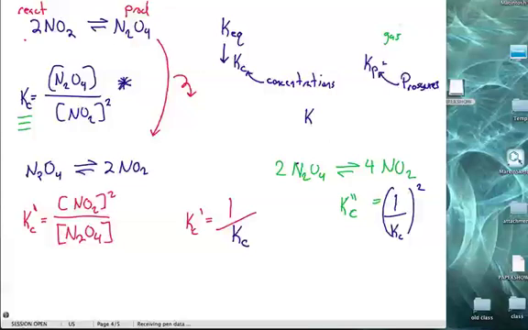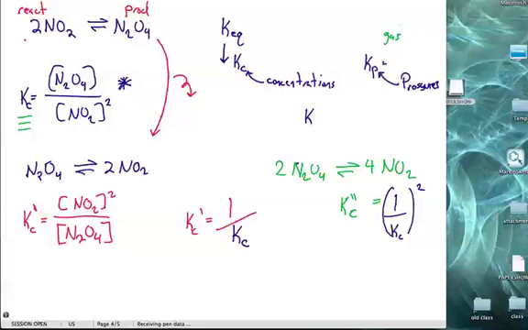Double the reaction, you square the equilibrium constant. Reverse the reaction, you invert the equilibrium constant. Well, here we both doubled and inverted.